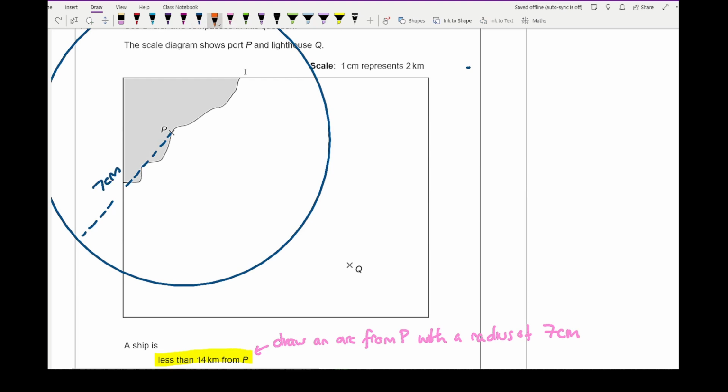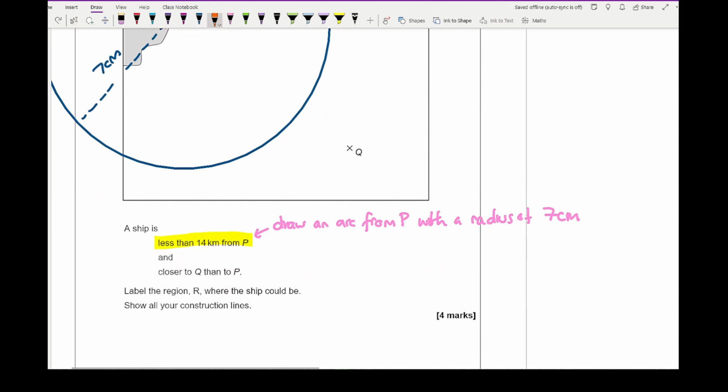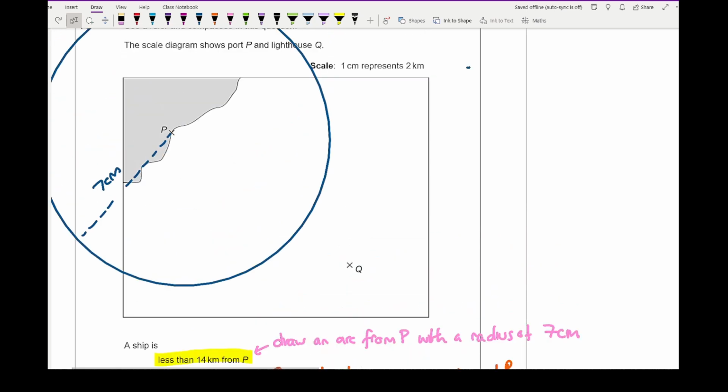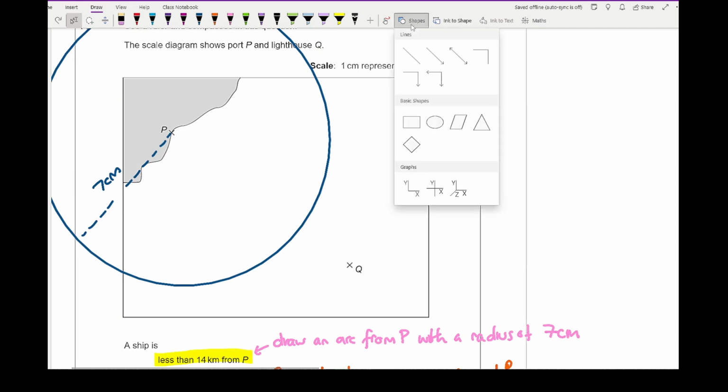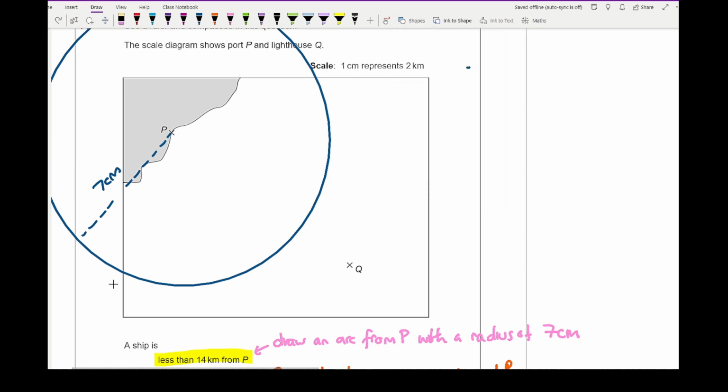Now for the second bit, what I need to do is a perpendicular bisector between Q and P. That's basically a halfway line between the two. Again, you'll need to do this accurately, and I'm just giving a little idea of what you should have.